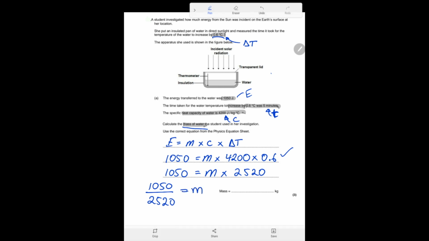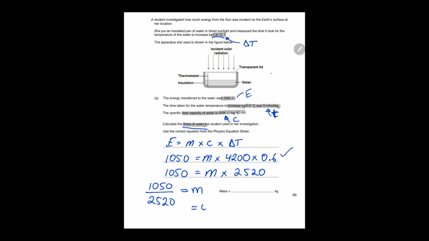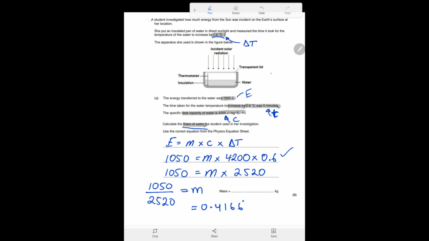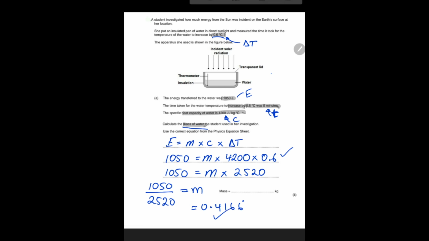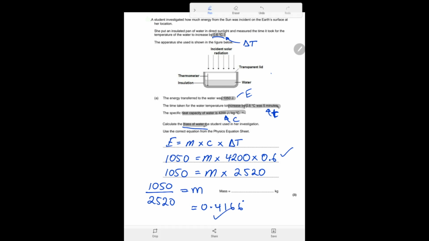I now place that into my calculator by typing in 1050 divide 2520, and I obtain 0.4166 recurring. So here I obtain another mark because I've now calculated my mass.